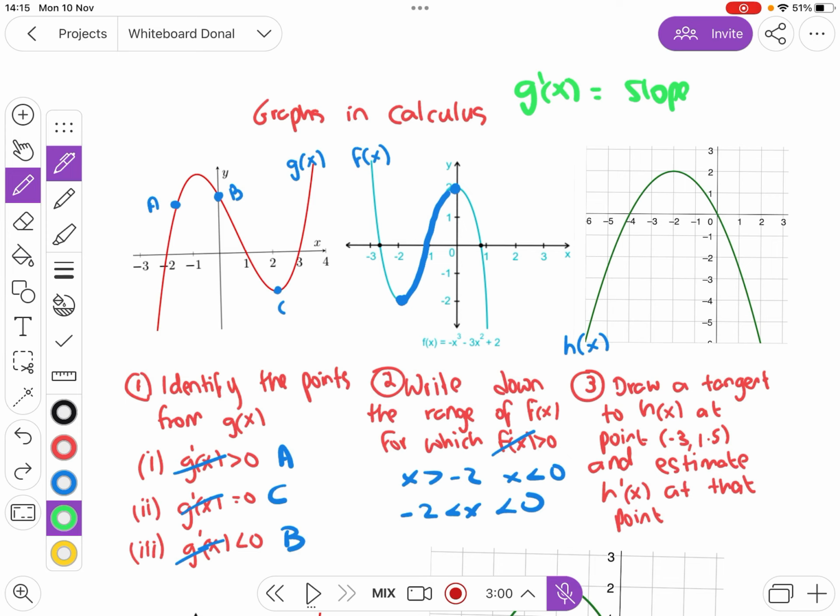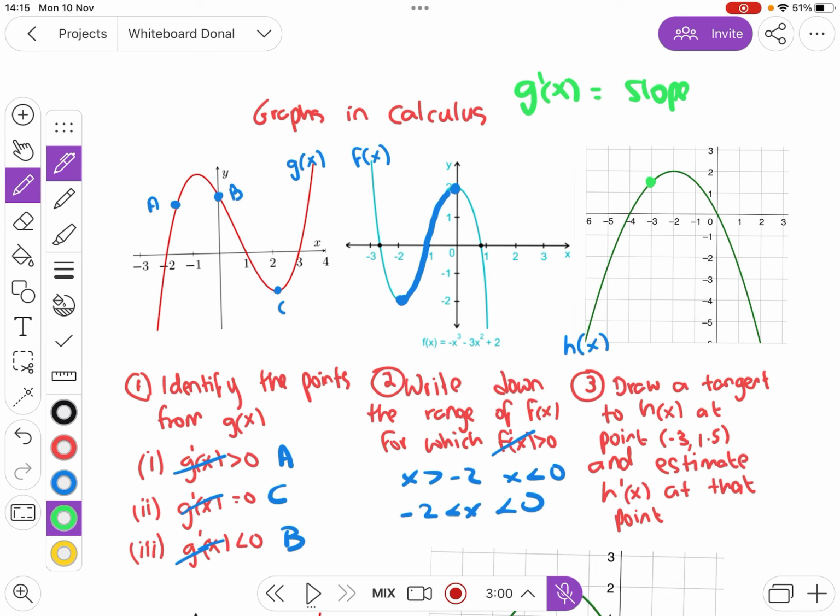In my third question then, it says draw a tangent to h of x, and again our h of x function is just above. We're going to draw a tangent, being a line, to h of x at the point -3 and 1.5. So -3 and 1.5 is here. So I'm going to draw a tangent at that point. Now, I would need a ruler to draw a tangent because a tangent is a straight line that hits the graph at one point.